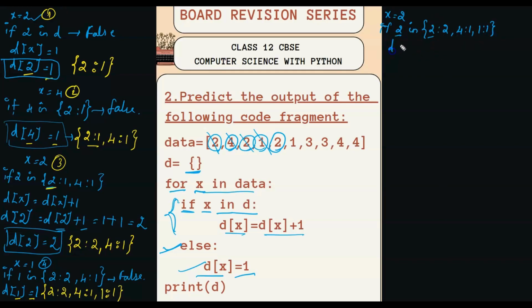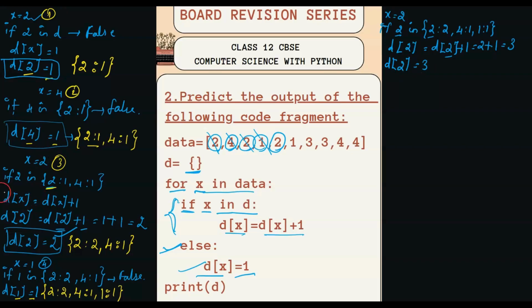Then what is the step? d of 2 is equal to d of 2 plus 1. What is d of 2? The current value of d of 2, you should see from your left hand side, is 2. So just update it with 2 plus 1, which is 3. That means d of 2 is 3 now.